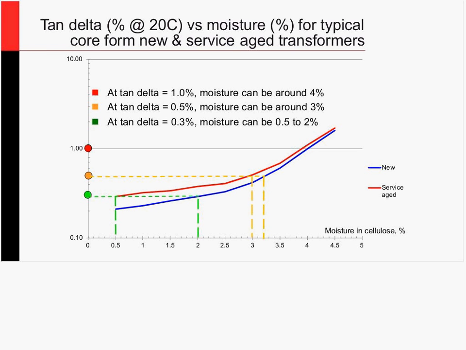So as I go further to the right, how is my power factor reacting? So I would say one thing to look at is, gosh, let's take an example. I measure a tan delta in this case of 0.3%. So that's a green dot on that vertical axis.